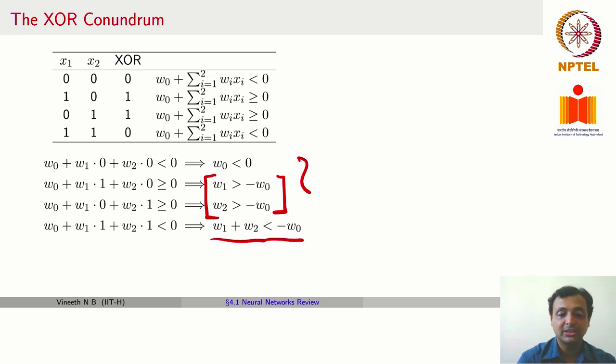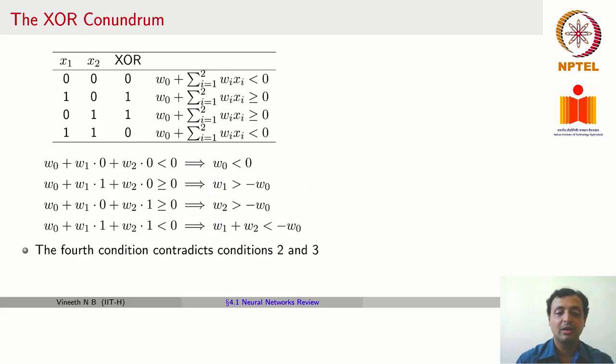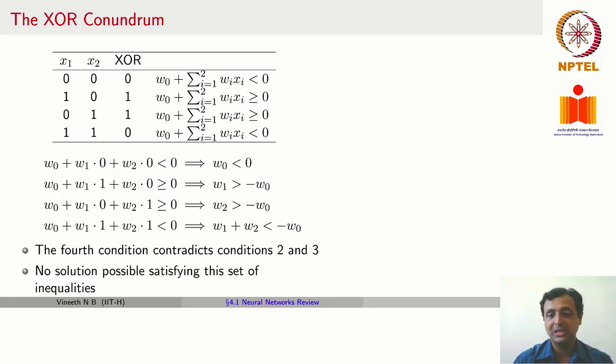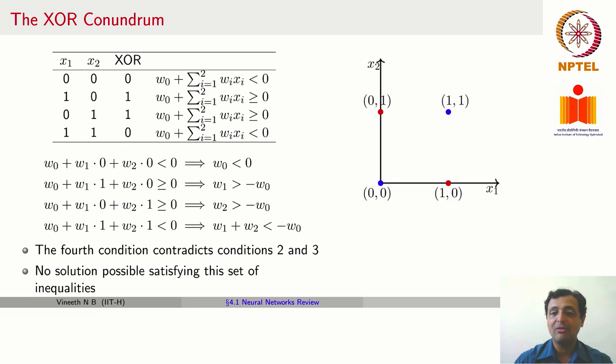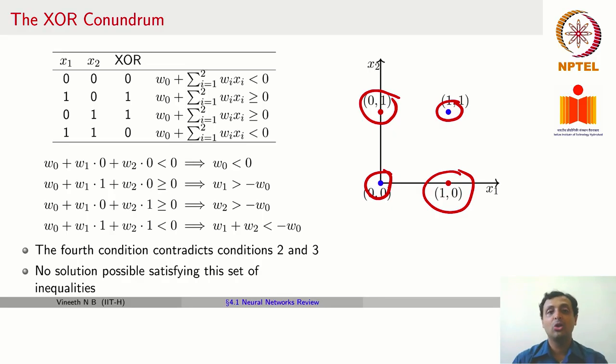So we can see a contradiction in these criteria here, and that should clearly show you why a perceptron cannot solve the XOR problem. Also, visually speaking, you have the XOR problem represented as: you want these two elements, 0,1 and 1,0, to have a label of 1, and you have these two elements, 0,0 and 1,1, to have a label of 0.